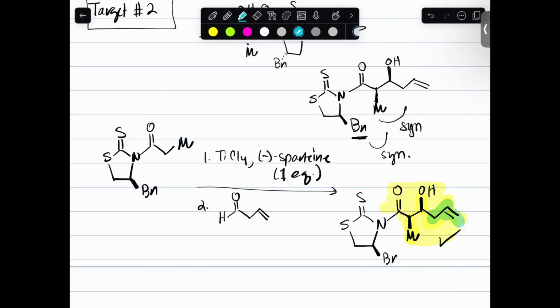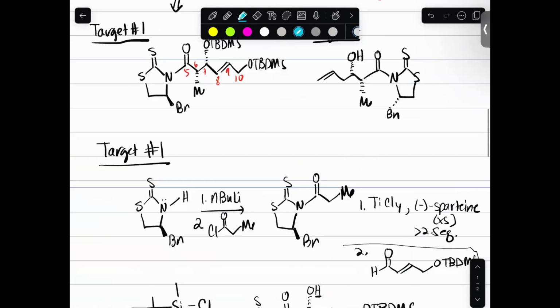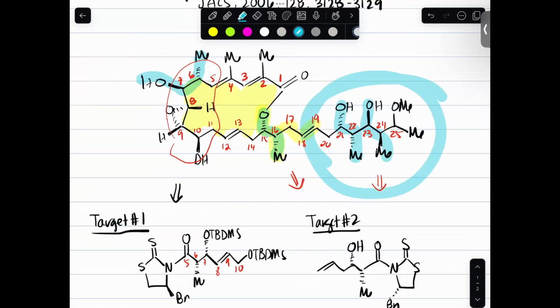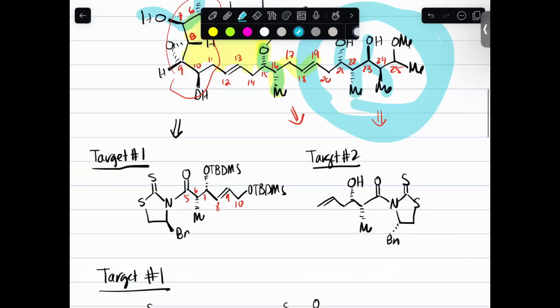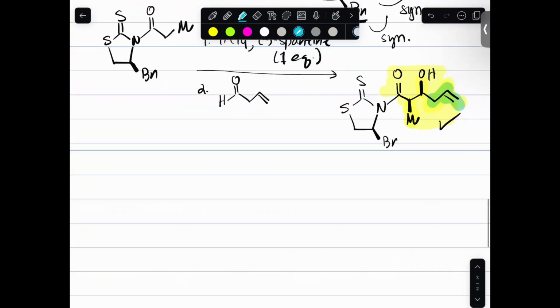Let me move on a little bit more to show you how they finish up, or how they go on to focus on this tail end of the structure. The first thing that they do is they protect their alcohol, the DMS chloride with a base.